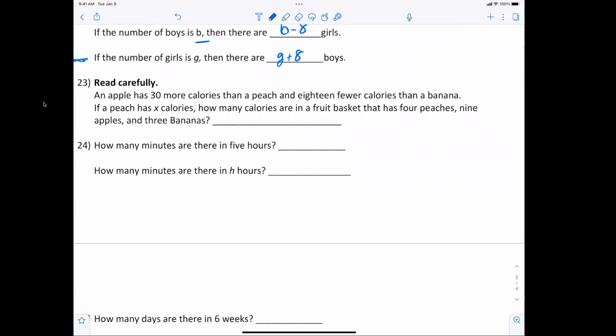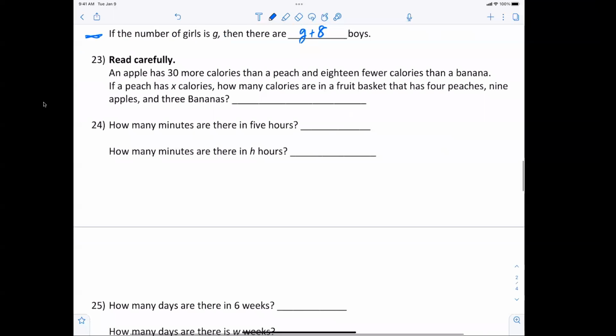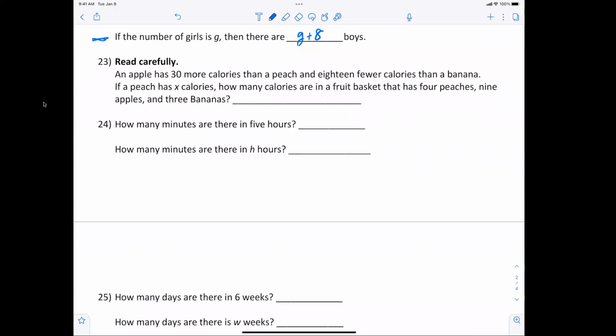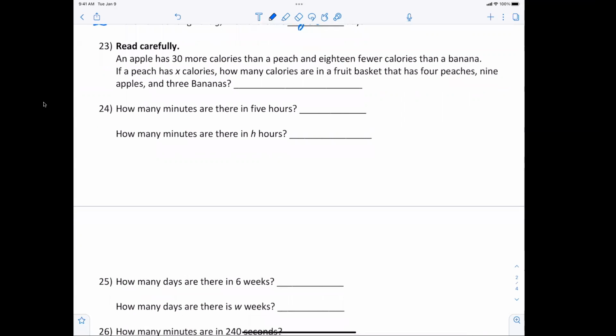All right, because I skipped Nora, I'm gonna let her explain this one. Okay, I don't really know if this is right, but since the peach is X and the apple is X plus 30. What 3 fruits am I talking about? Peaches, apples, and bananas.